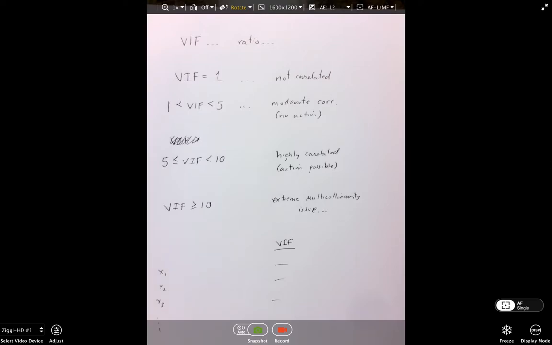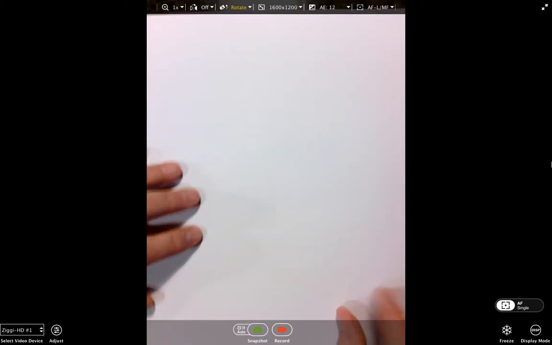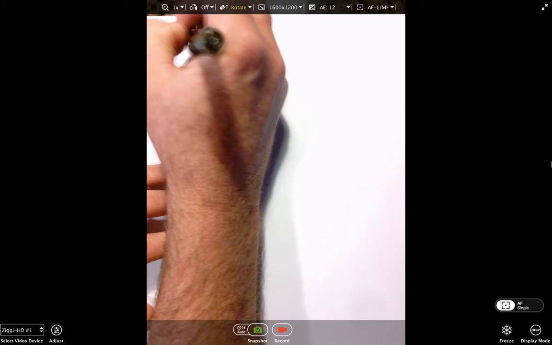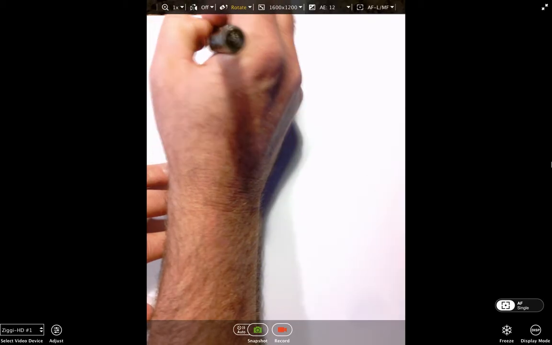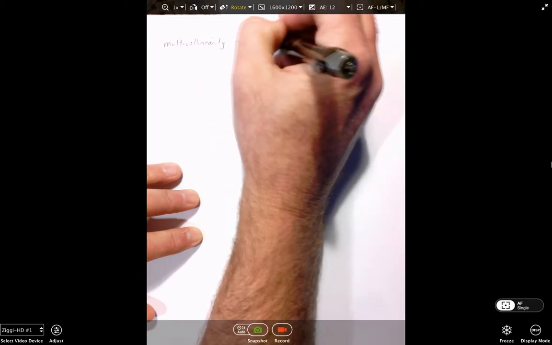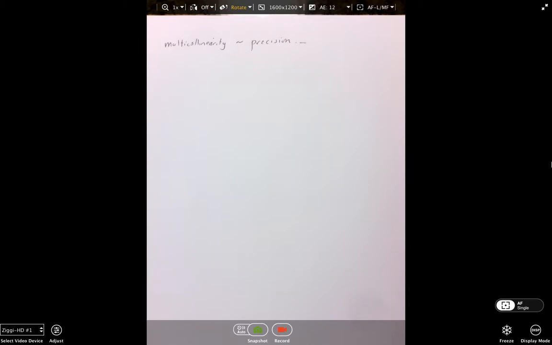We talked earlier about how precise estimates are. And one of the indications of multicollinearity is a lack of precision, and as I said in one of the final indications, our confidence intervals are extremely wide.